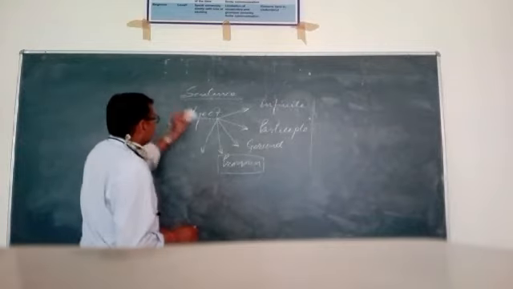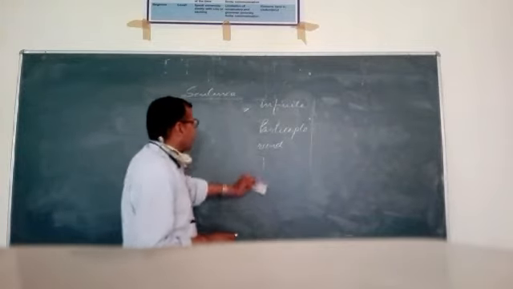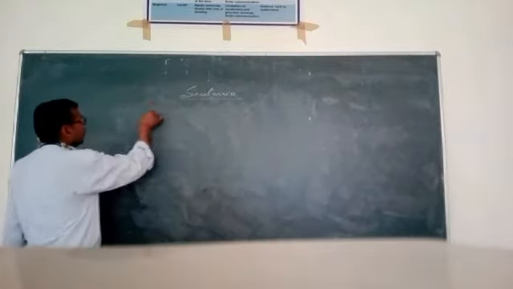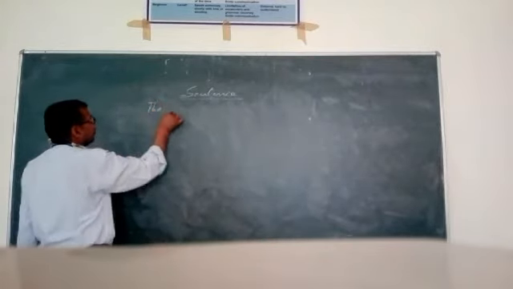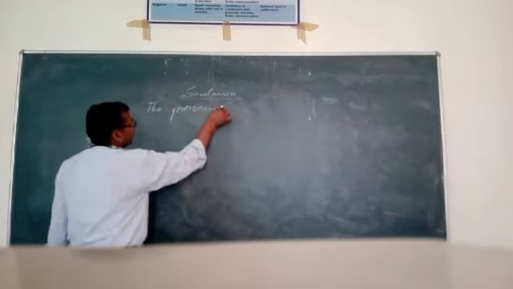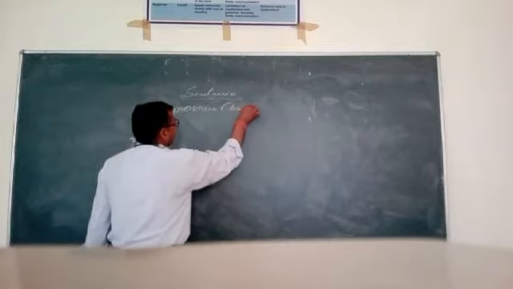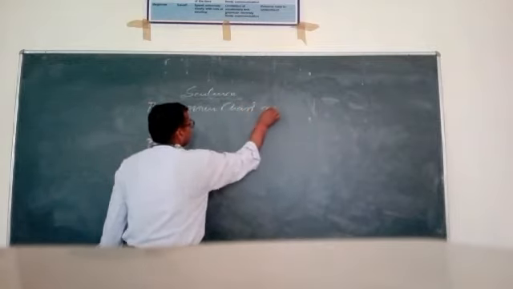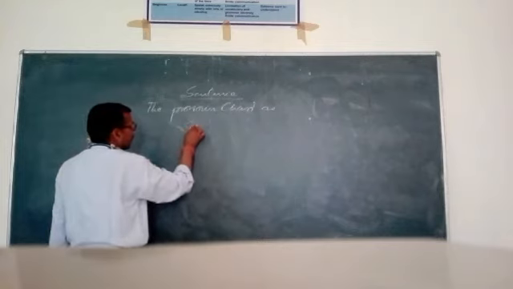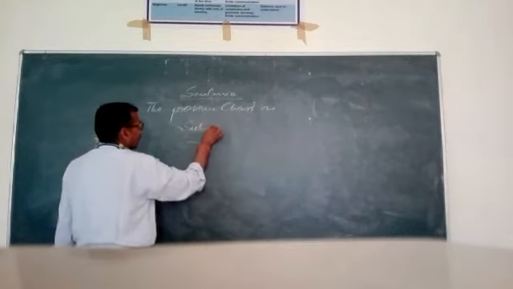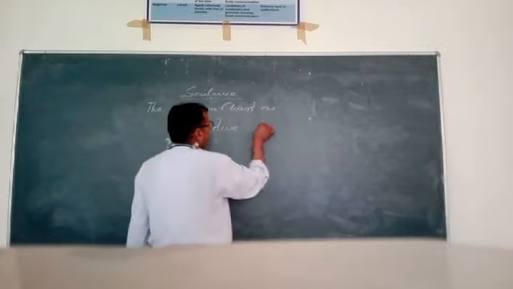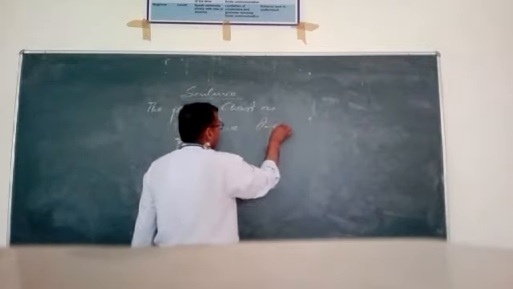Now I write about the pronoun. The pronoun chart is: subjective, next objective.